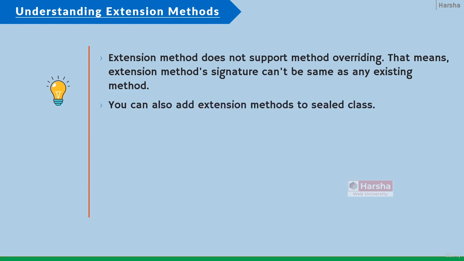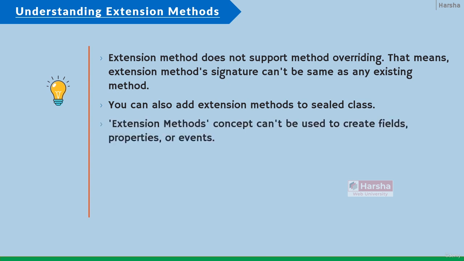You can also add extension methods to the sealed classes, because extension methods is not the concept of inheritance. Extension methods is only applicable for methods but not for creating the fields, properties or events. The static class in which you are creating the extension method cannot be an inner class.